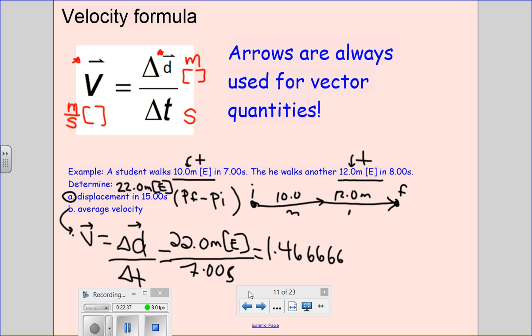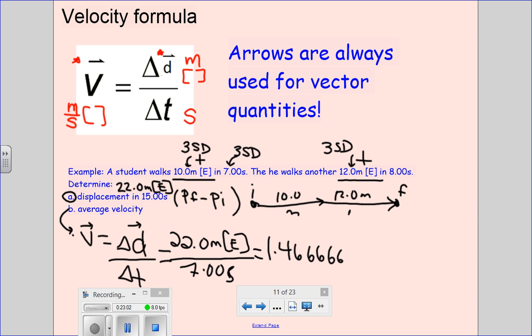Now I know that I need to round that answer off. Since I was multiplying and dividing here, not adding and subtracting, I'm not looking at decimal places anymore. I'm looking at significant digits. Since these both have 3 significant digits, that's how many I'm allowed to report in my answer.